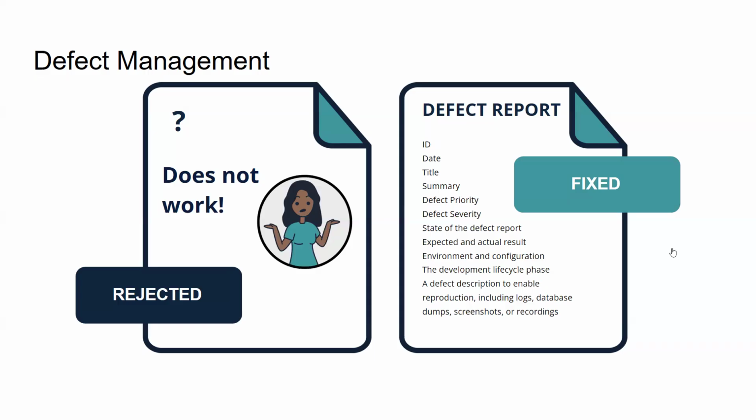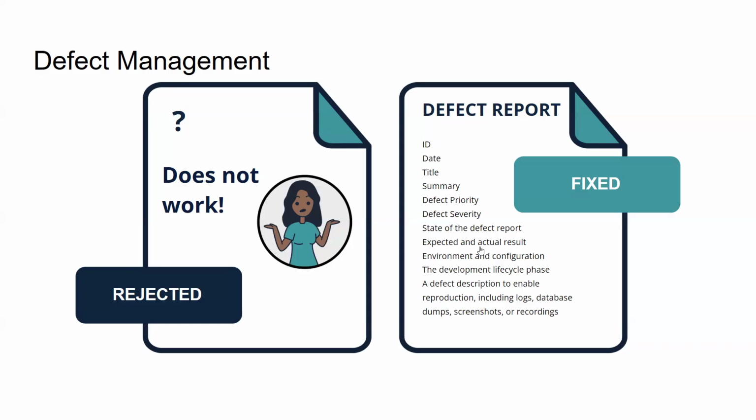When we are raising a defect, we have to raise it in a proper manner where everyone can understand. We basically call this defect reporting. We have to have an ID, a date, title, summary, and the priority and severity. I think you already discussed those previously.